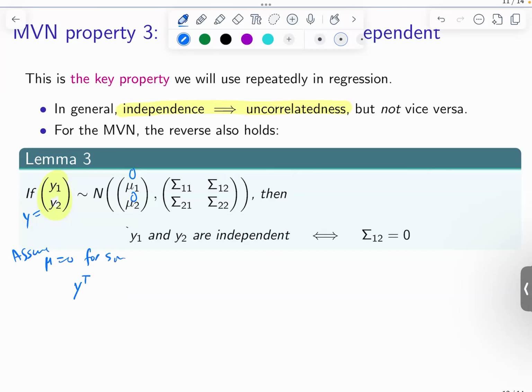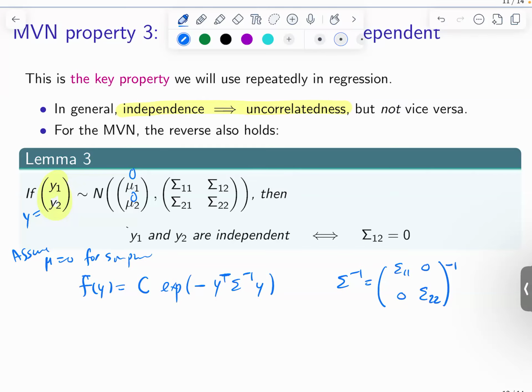So when I write the f of y, there's a prefactor, I'm going to write it as c, and then you get exponential negative y transpose sigma inverse y. So sigma inverse would be sigma 1,1, 0, 0, sigma 2,2 inverse.